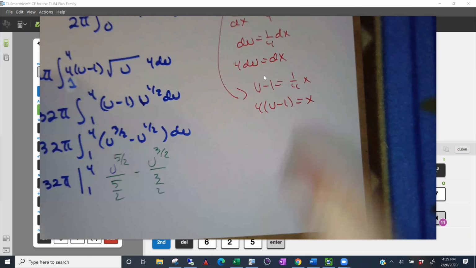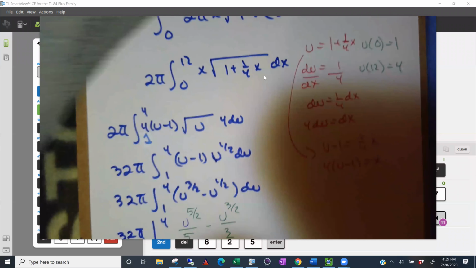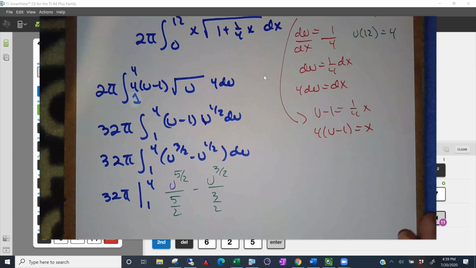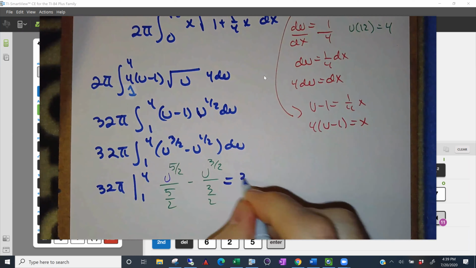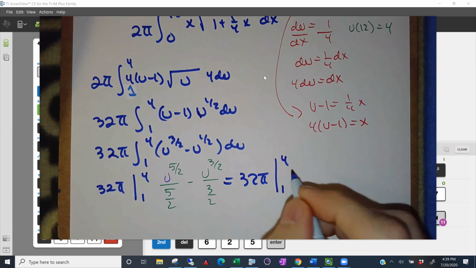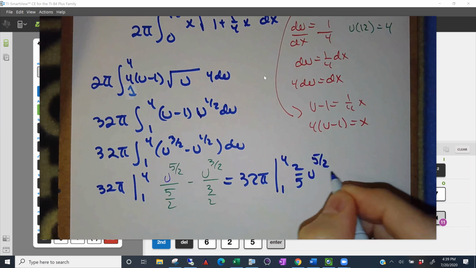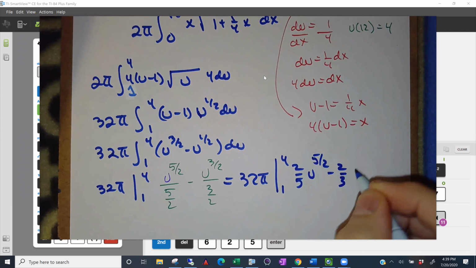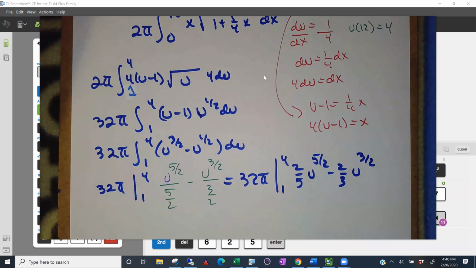Nothing wrong with taking a little bit of extra time with your antiderivative, and then maybe simplify. So 32 pi, 1 to 4, 2/5 u to the 5/2. Most of you will probably get pretty good at this, jumping from here to here. That's great.